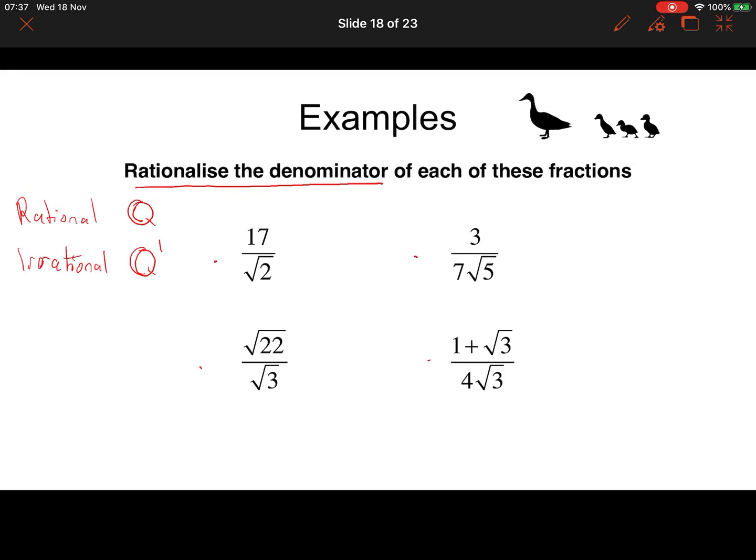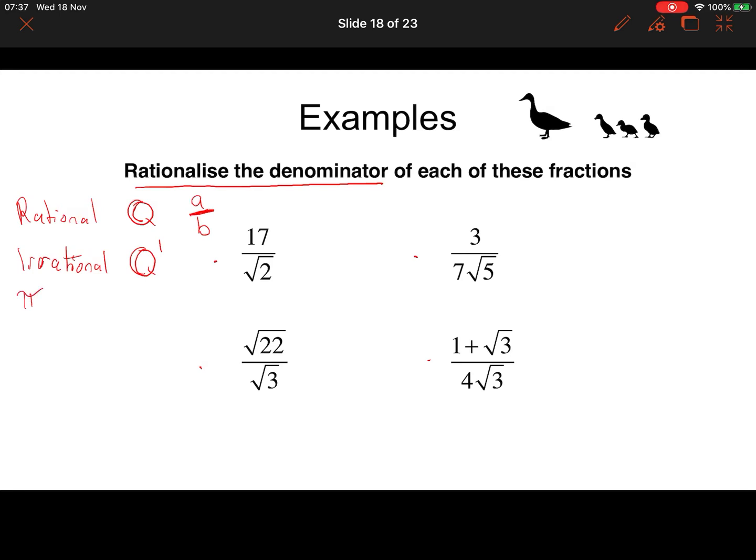And we talked about what rational numbers were. Rational numbers are numbers that can be expressed as a fraction where A and B in the fraction are integers, okay? Irrational numbers cannot be expressed as a fraction. So I gave some examples of that.